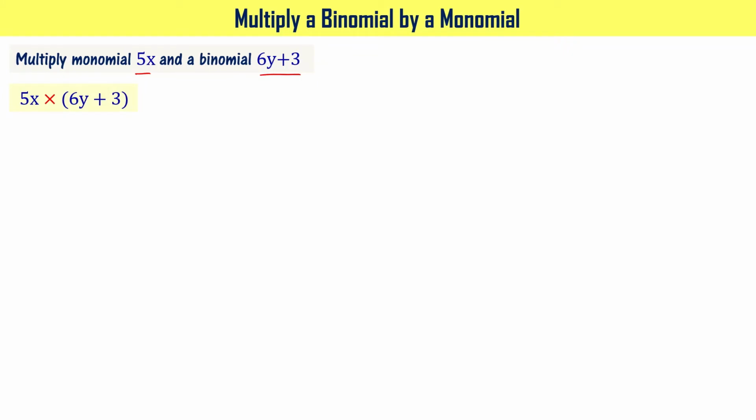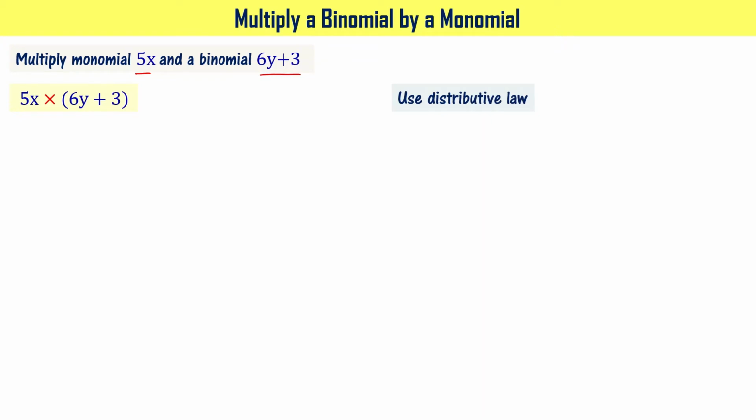Now let's learn about multiplication of a binomial with a monomial. Let's multiply 5x and a binomial 6y plus 3. That can be written as 5x times 6y plus 3, right? Let's use distributive law.